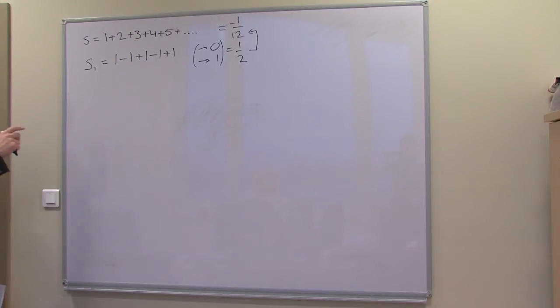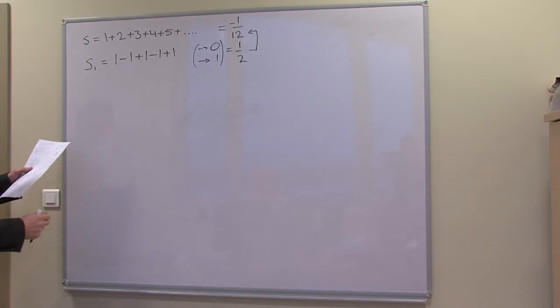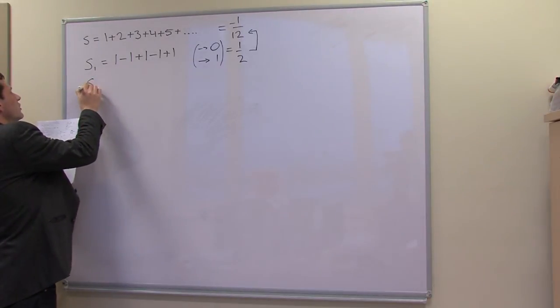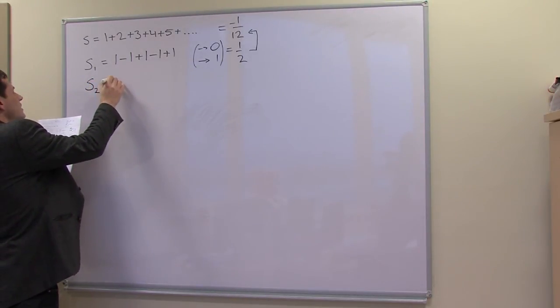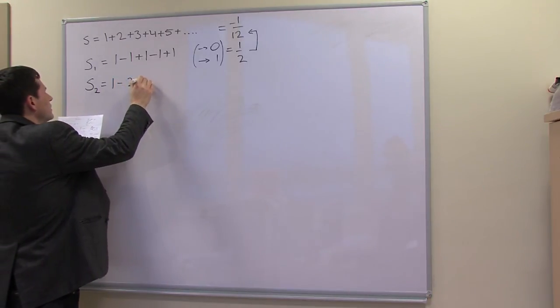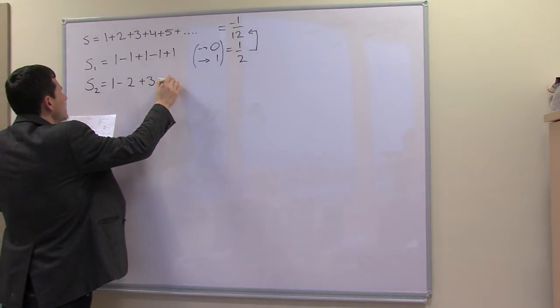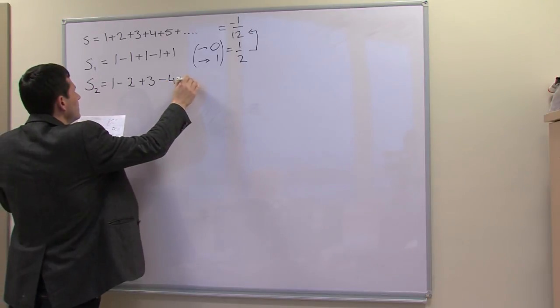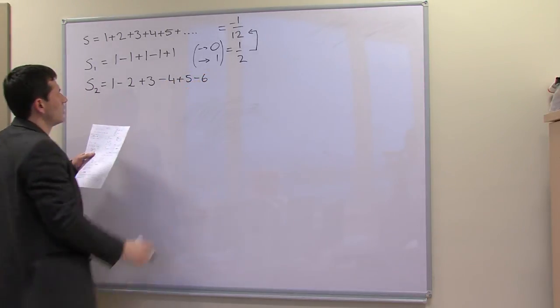Now after they prove this one, they go into the next step and they have a new variable called s2, which they define as follows: 1, -2, +3, -4, +5, -6, and so on.